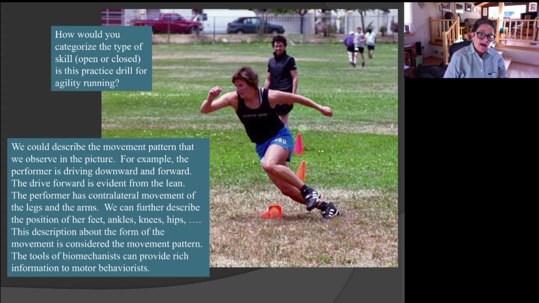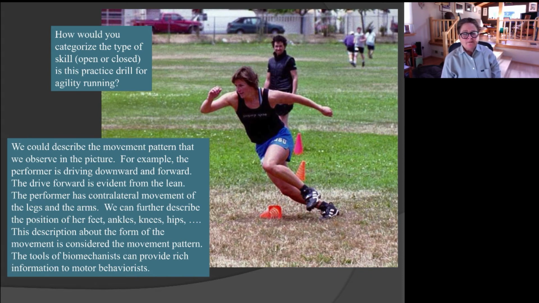I would say that it is a closed skill. The relevant factors in the environment, which are the cones, are stationary. She's moving through the cones, but that's unrelated to what's happening in the environment.